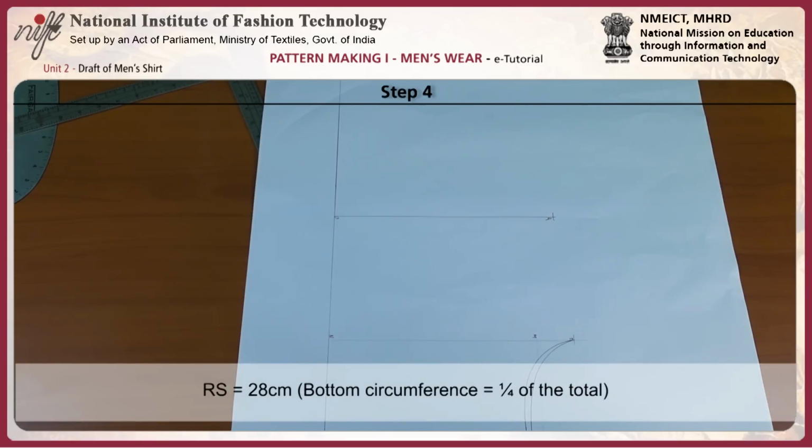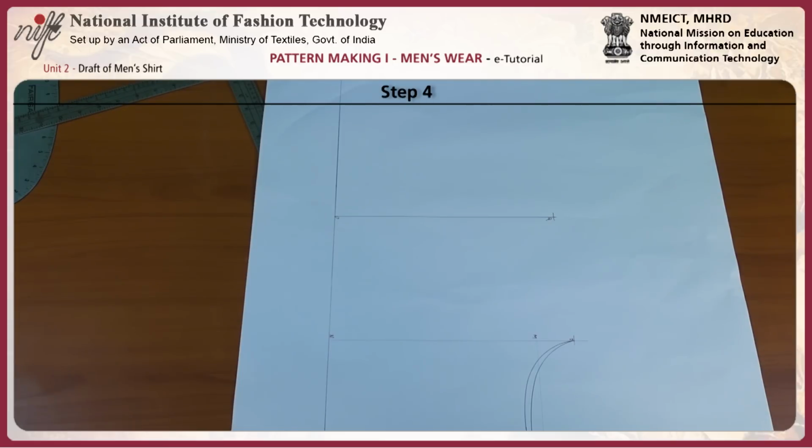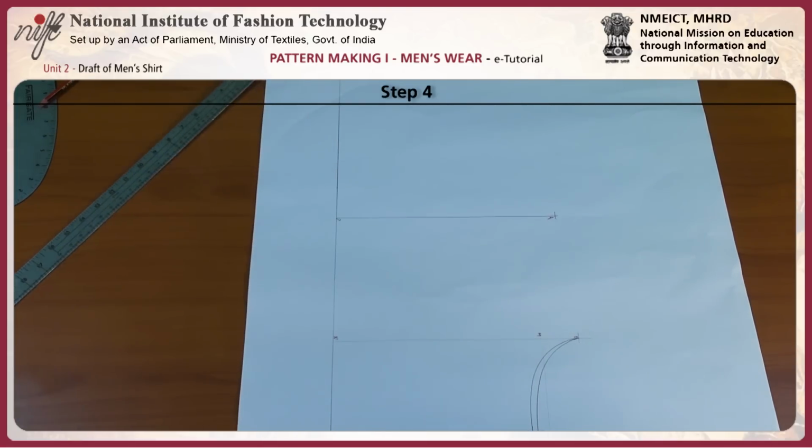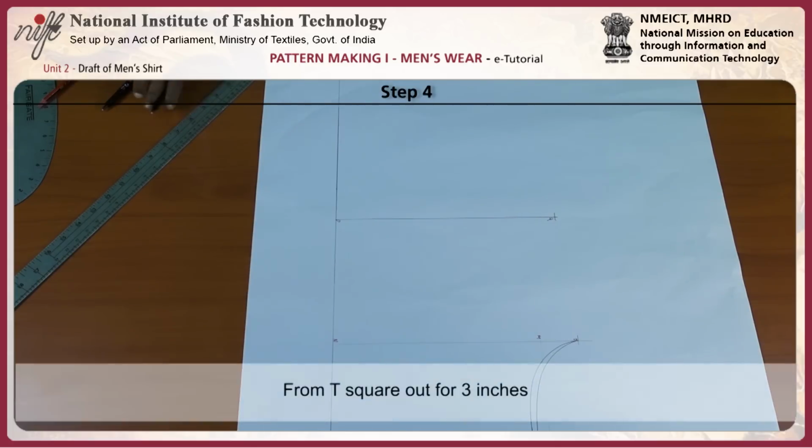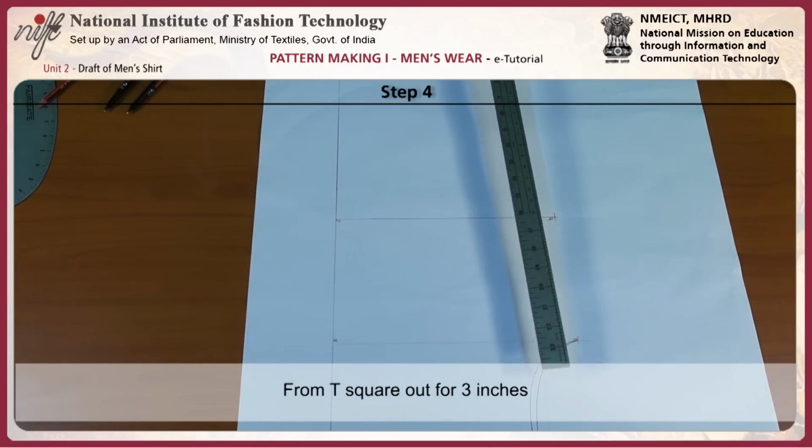R2 S is bottom circumference, which is 1/4 of the total, 28 centimeter. From point T, square up for 3 inches.